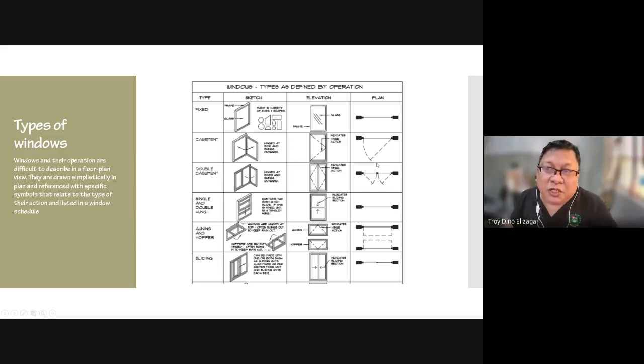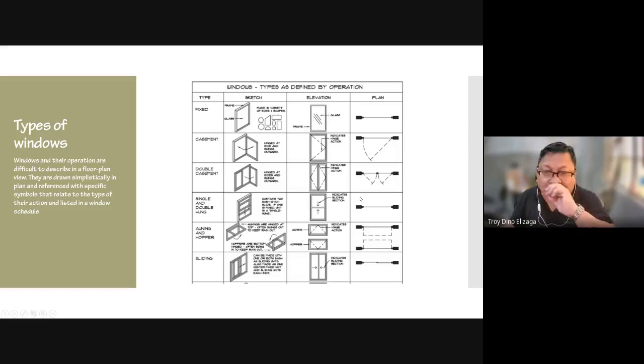Another way of showing it is that this is not shown in hidden line. It's shown like a door, like a small door, so it's a solid line. Single and double hung, when you slide the window up, looks like the fixed.